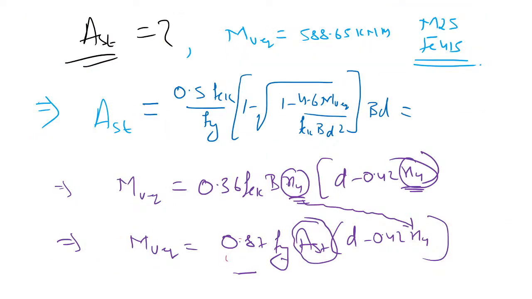It is 588.65 into 10 raised to the power 6, upon FCK B D square, D is 700, into B is 350 into D. So for me the result is coming approximately 2900.